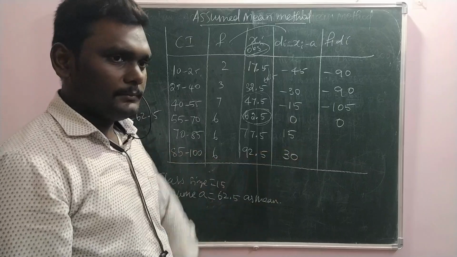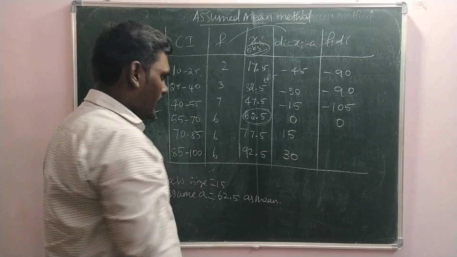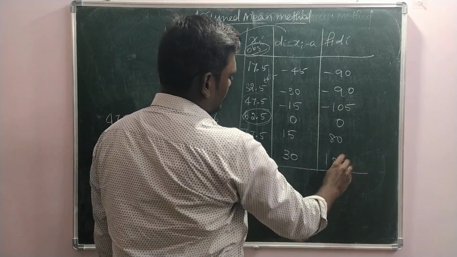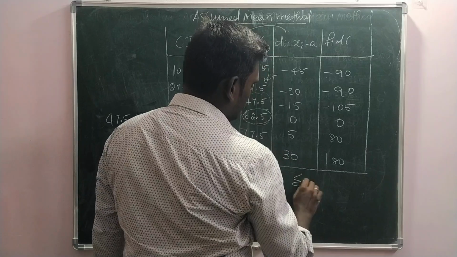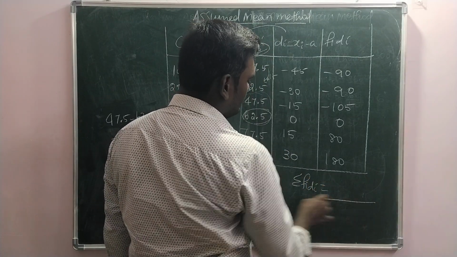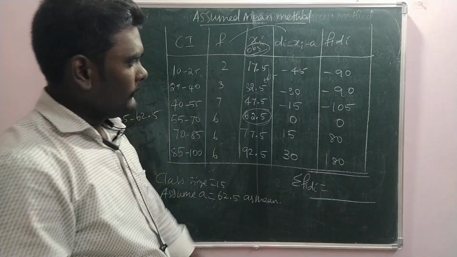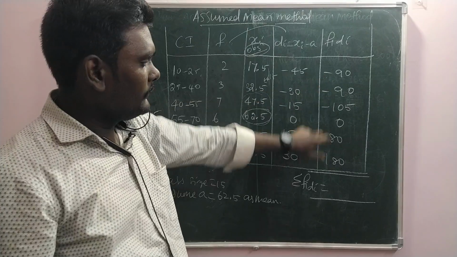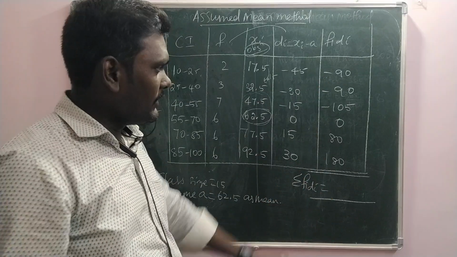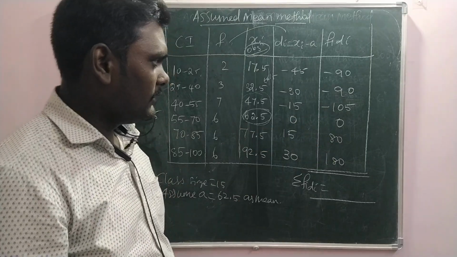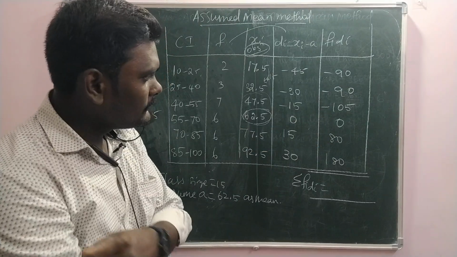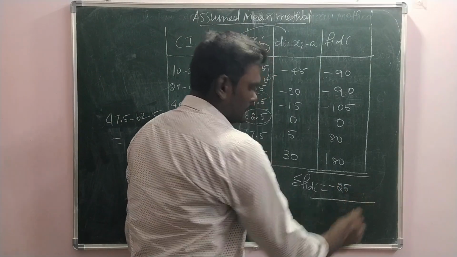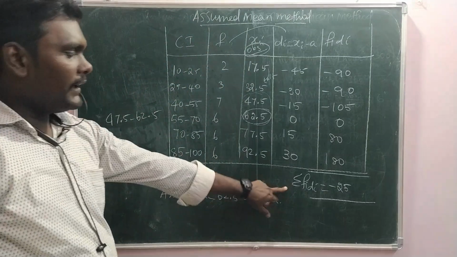And then 6 times 15, 90, and 4 times 20, 80. And then 6 times 30, 180. That's all. Sigma fi di, add everything. Minus 90, minus 90, minus 105, minus 180, and with this plus 180 it will vanish. 105 minus 80, how much is it? 25. Minus 25. So that is sigma fi di.